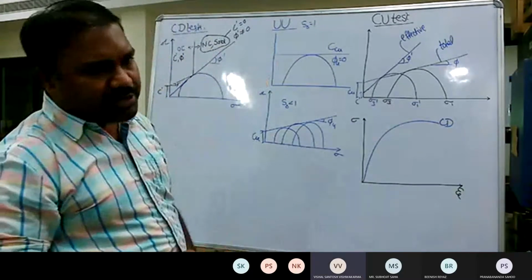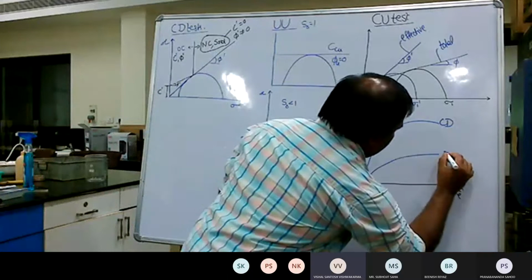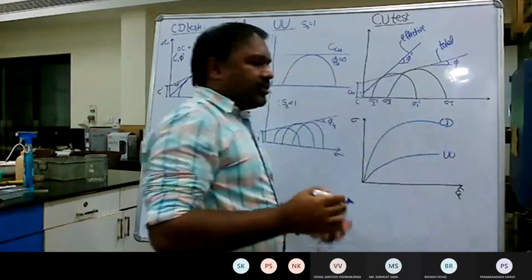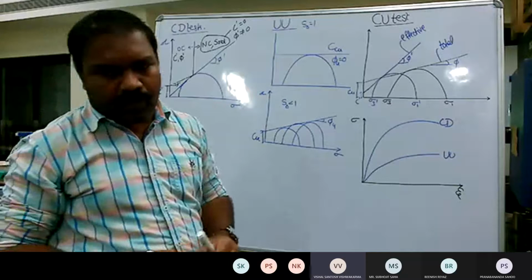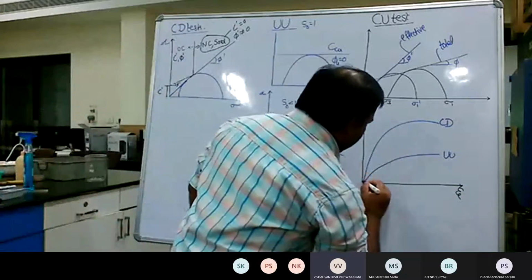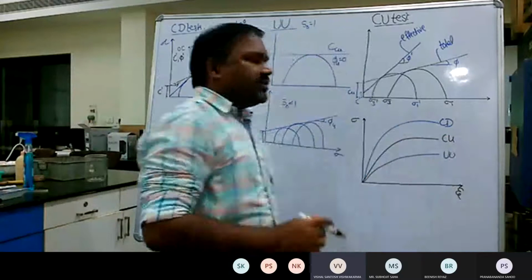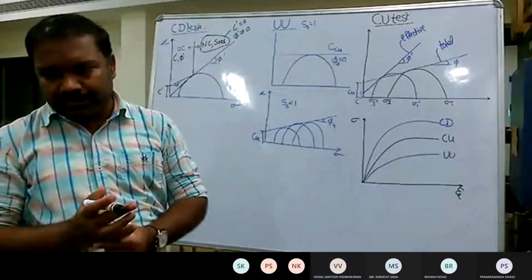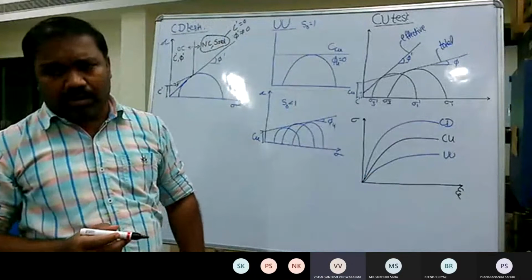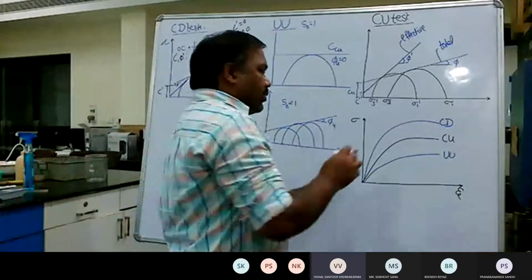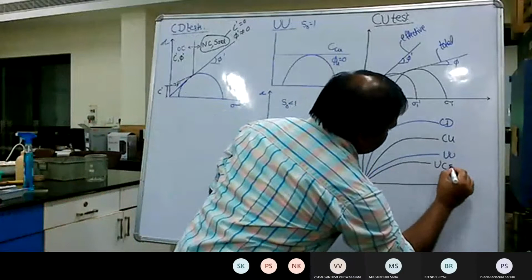And what about UCS and the CU? Sir, in between. So this is CU and the UCS also in between. Sir, just below the CD, sir. Okay, but that's not true. So this is UCS.